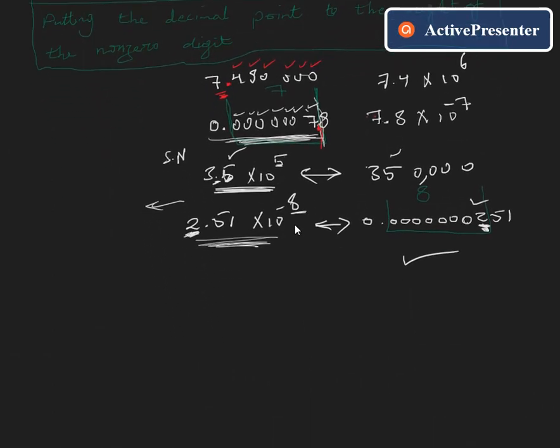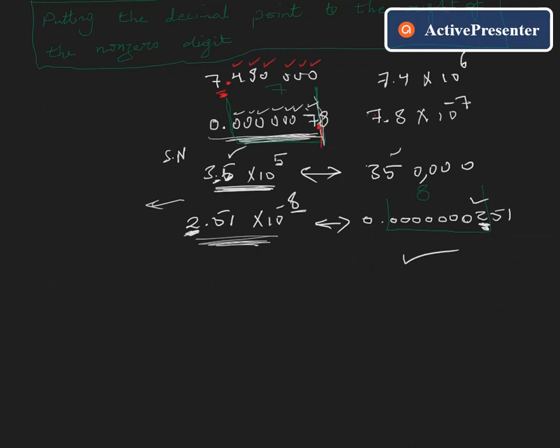If I tell you to put this number 0.5 multiplied in 10 to the power 7 in the scientific notation. This is not a scientific notation, by the way, because we must have a number like 7 point something. We don't expect the scientific notation to start with 0.